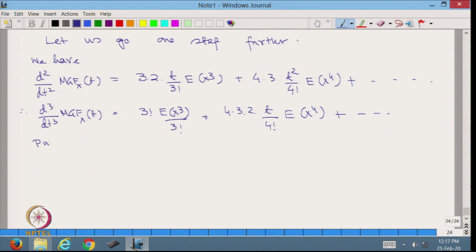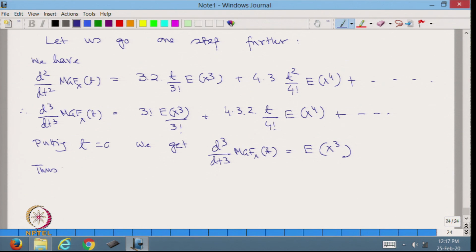Putting t equal to 0, we get d3/dt cube of MGF at t is equal to expected value of x cube, because subsequent terms are becoming 0.